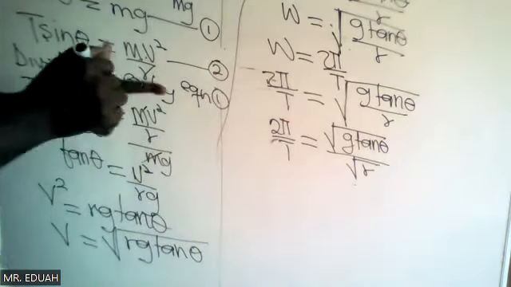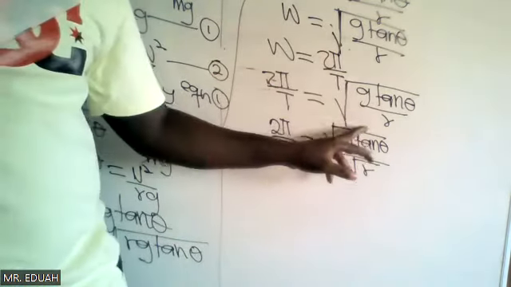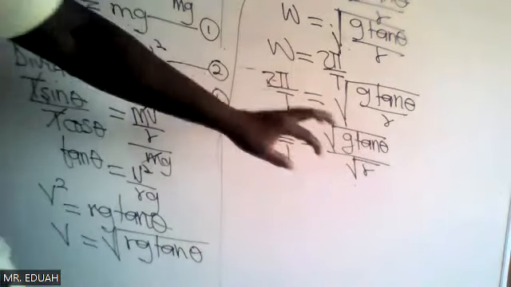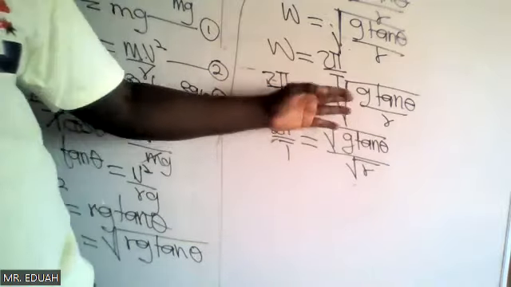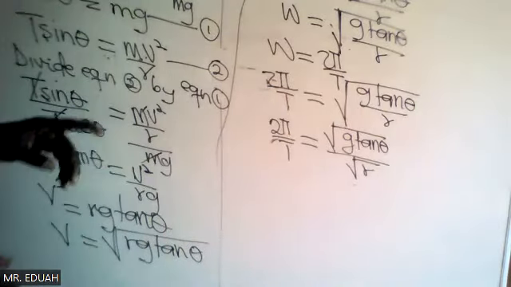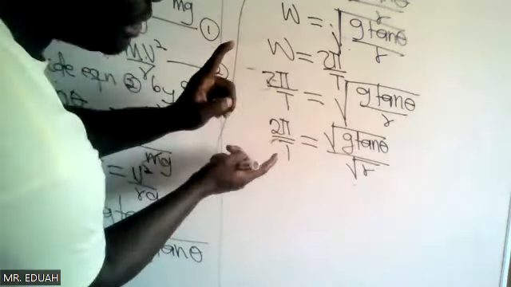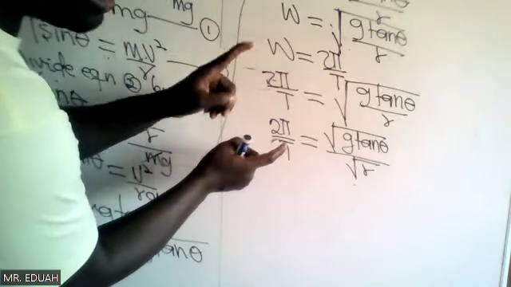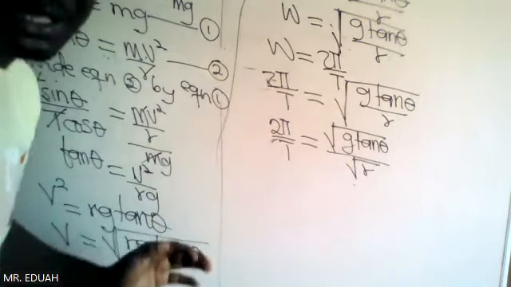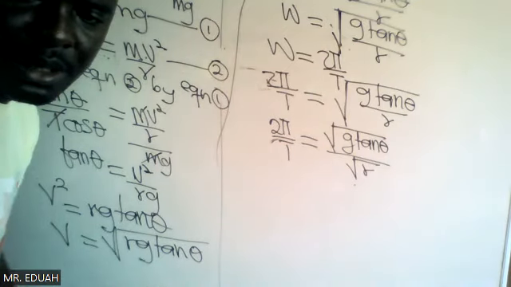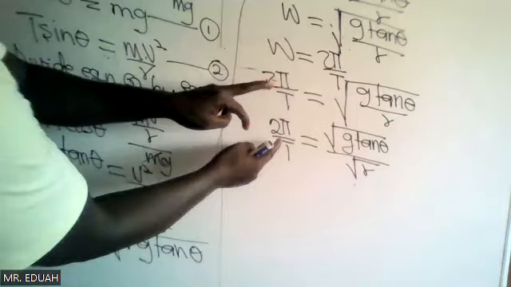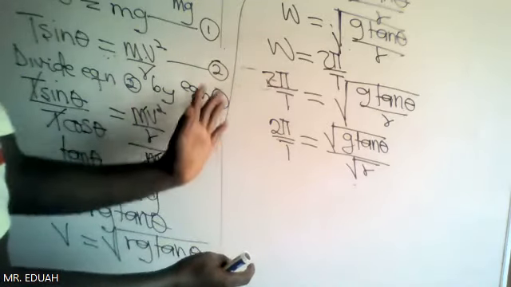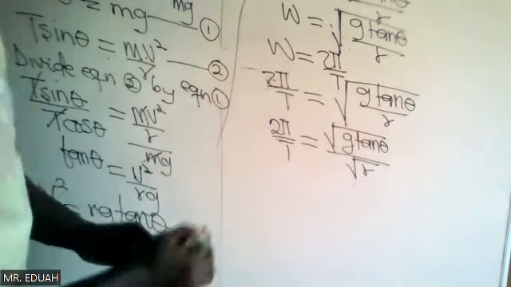Because I'm making T the subject, I'm putting everything under different roots, the numerator and then the denominator. Now take the reciprocal of the left hand term and do the same to the right hand term.